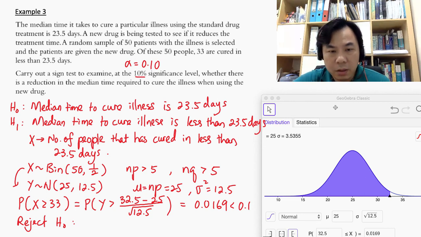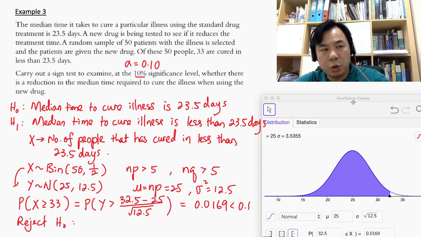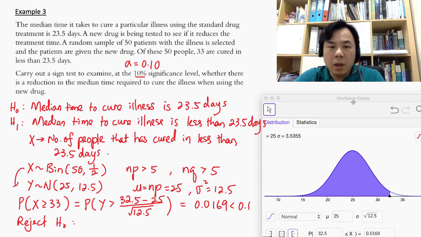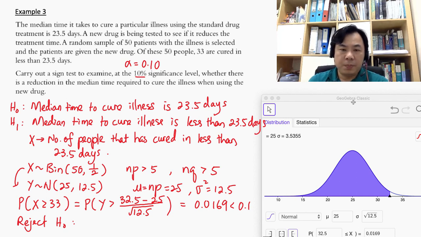Let me give it a try to calculate this value, and then I'm going to show you how to actually use your data booklet to get the same answer here.